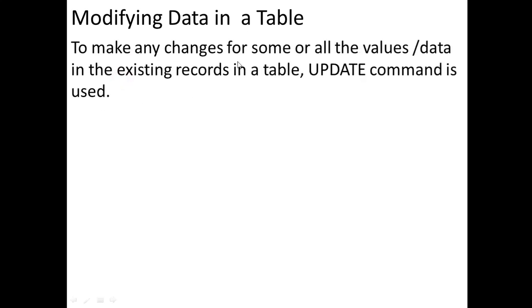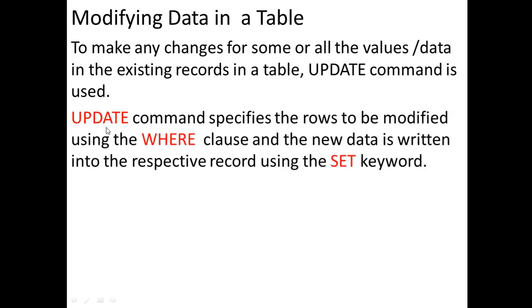If you want to make changes to some or all of the values or data in the existing records in a table, then the update command is used. It is very important to know how to use it. The update command specifies the rows to be modified using the where clause, and the new data is written into the respective record using the set keyword.